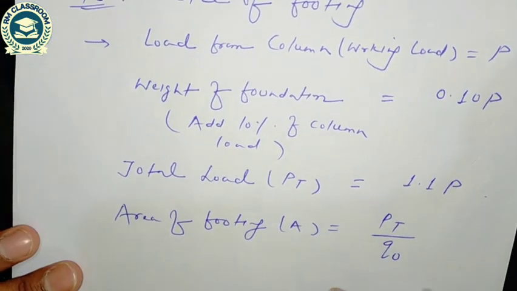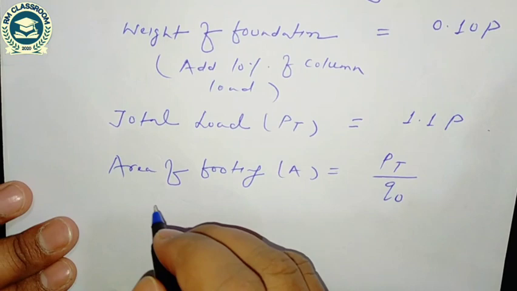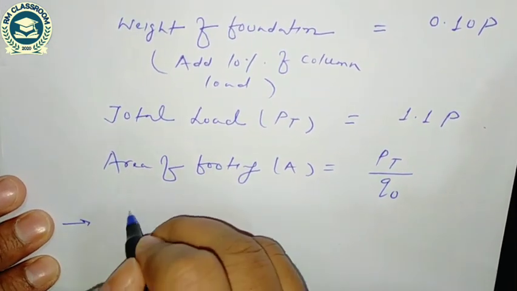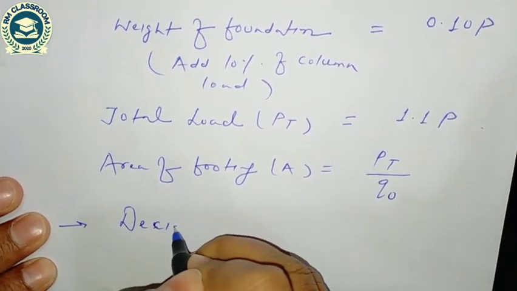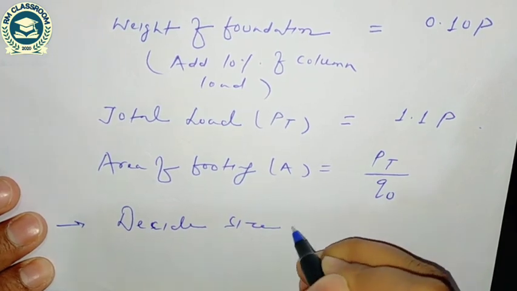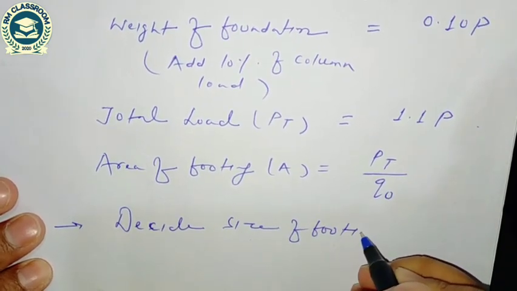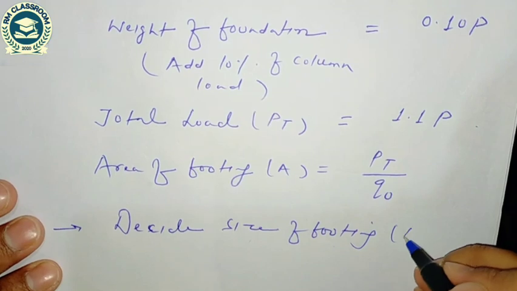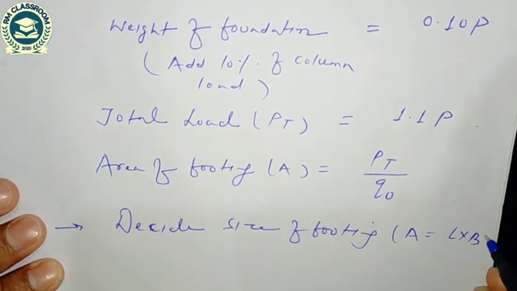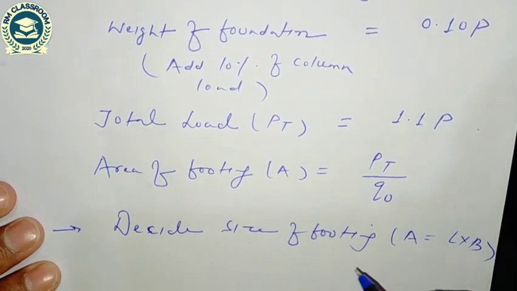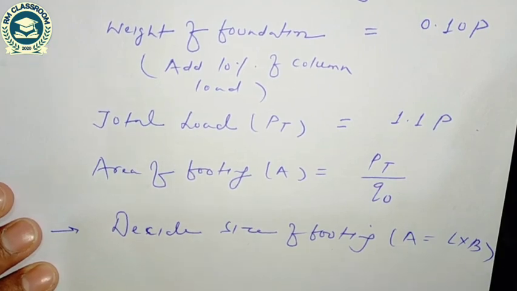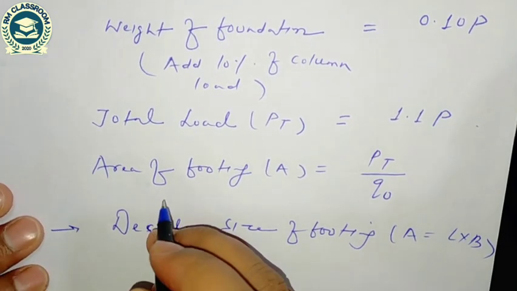With the help of that you can compute the area of footing. After that you have to decide the size of footing. A is equal to L by B, or if it is a square column, then B by B or L by L.